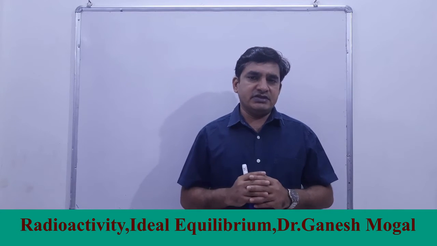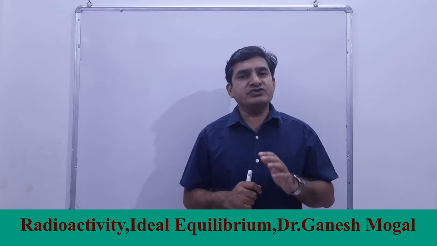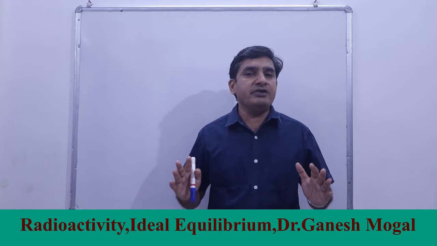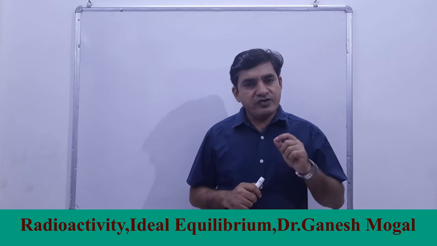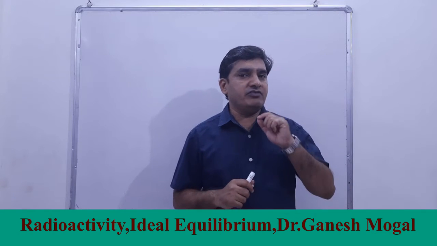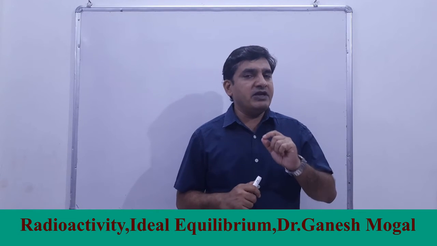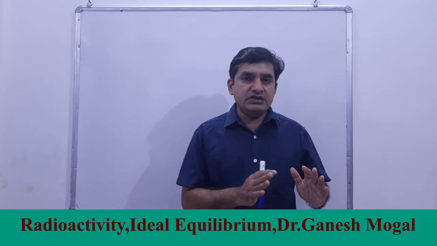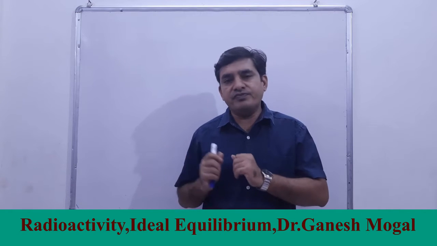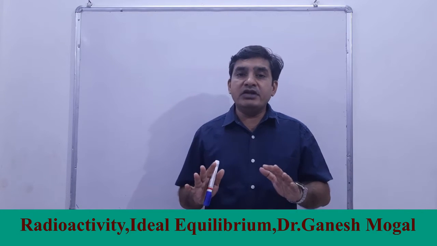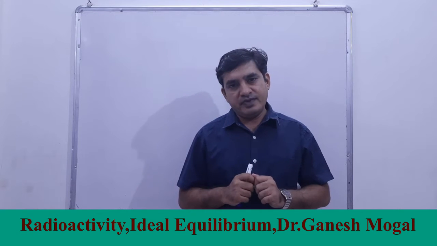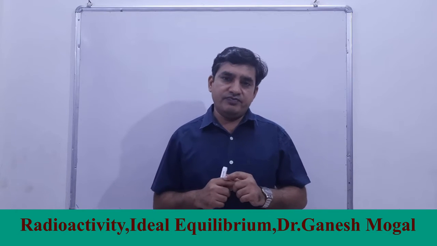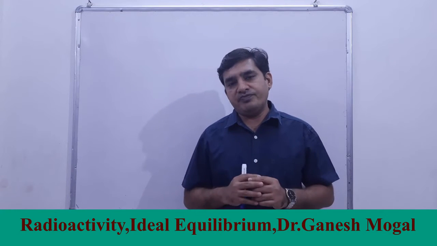So friends, in this lecture we have to see the different types of radioactive equilibrium. First equilibrium is ideal equilibrium. The equilibrium in which the activity of a parent is equal to the activity of a daughter is ideal equilibrium. Second type is circular equilibrium or permanent equilibrium.